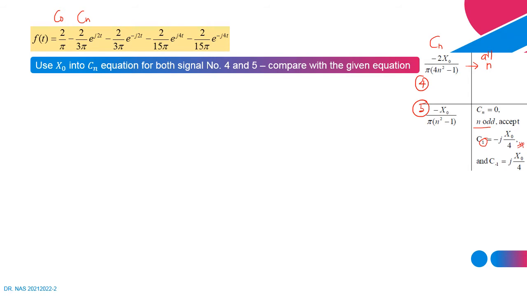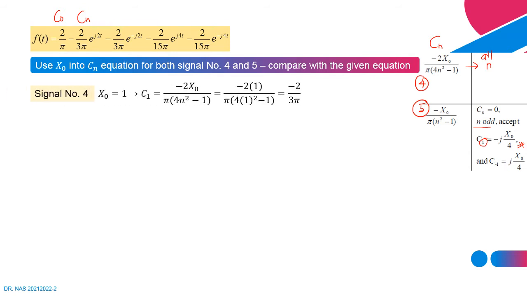So let's look at the given equation. First consider signal number 4. From the earlier calculation, we have X0 for signal number 4 equal to 1. Then for Cn, assuming n equals 1, replace n equals 1 into the Cn equation of signal number 4.